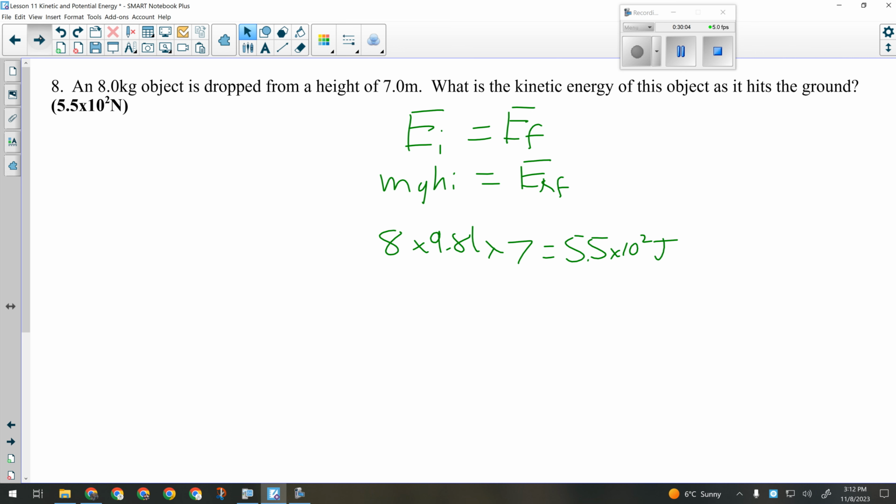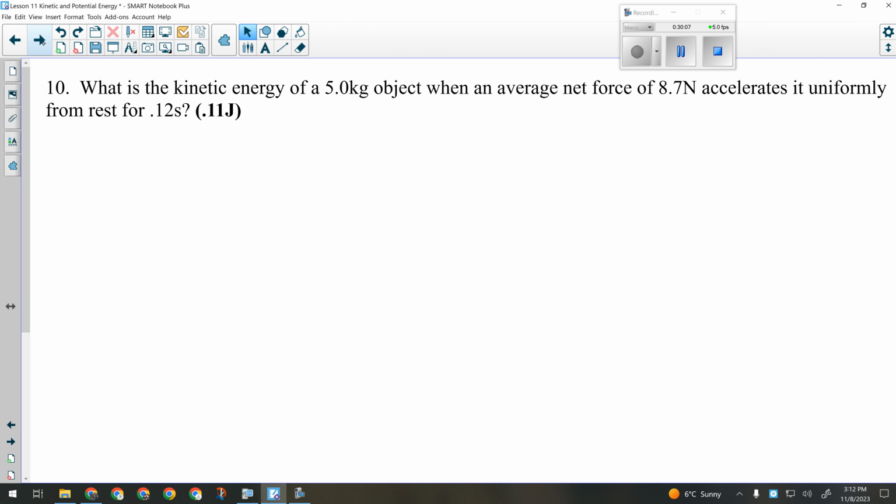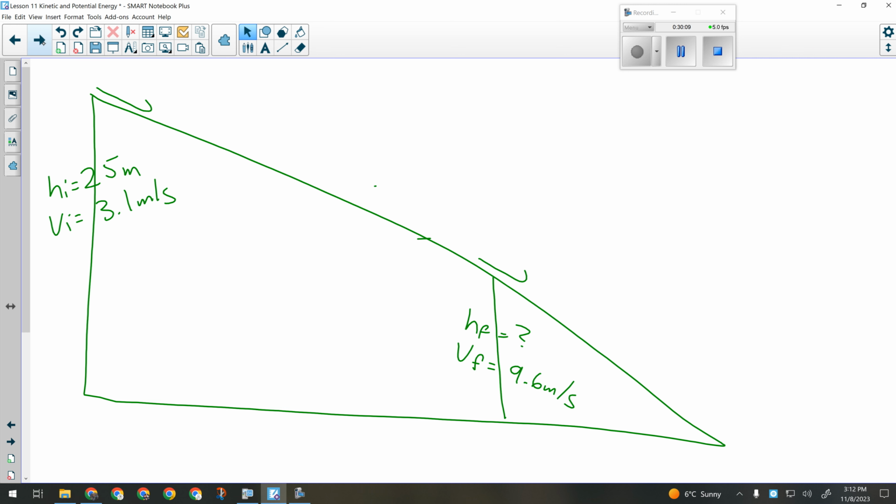All right, so that's going to lead us to this. This is what you would have done last year in Science 10. There's a kid sledding down a hill. Okay? The kid and his sled start 25 meters above the bottom of the hill vertically. Okay? Moving at 3.1 meters per second. A little while later, or further down the hill, okay, the speed of the kid and his sled is 9.6 meters per second.